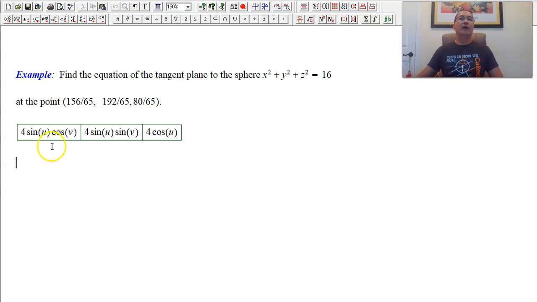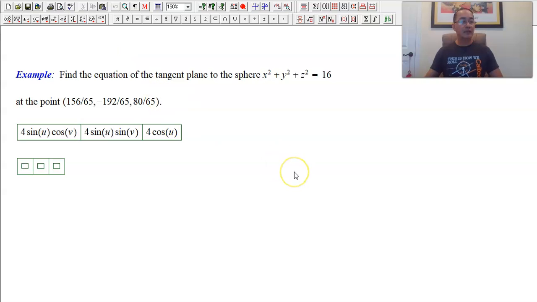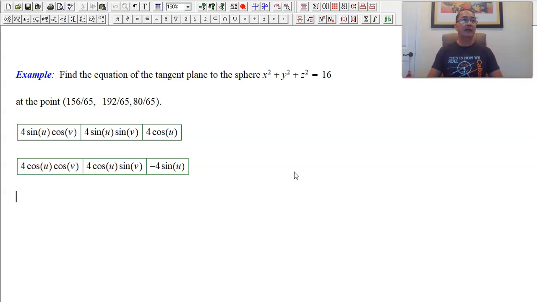Okay, so what are our partial derivatives? We said it was 4 cosine u cosine v, 4 cosine u sine v, and -4 sine of u.